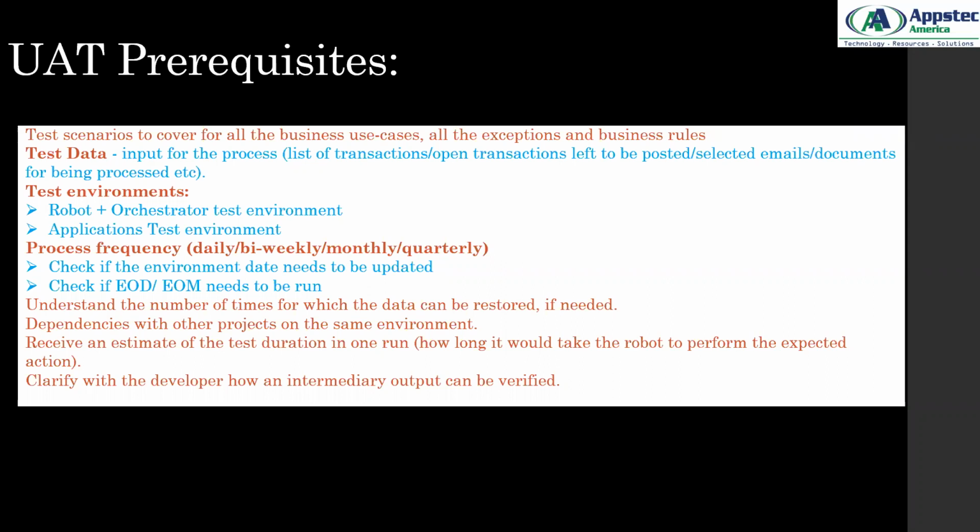Understand the number of times for which the data can be restored if needed. In some scenarios, let's say the test data are given. You are working on some transactional automation, and some test information has been given to you. Companies sometimes restrict the amount of test data they give because of security compliance.